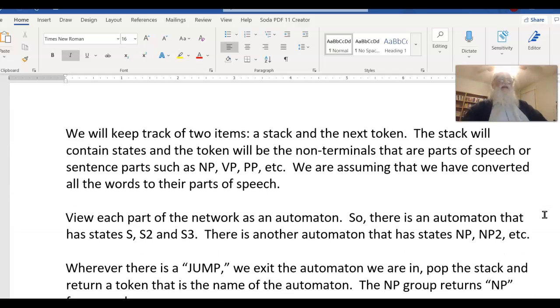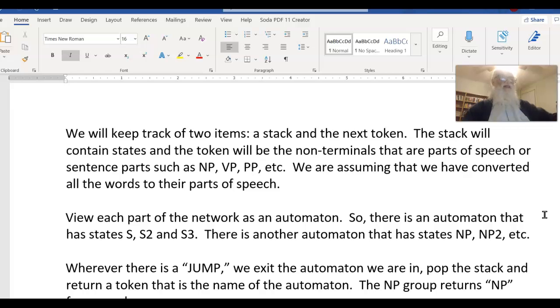As we go through this, I'm going to look at two items, the stack and the next token. The stack's going to contain states, and the token will be non-terminals, so the parts of speech or sentence parts. And as I said, we're assuming that we took all the words and turned them into parts of speech. Each part of the network is an automaton all on its own.